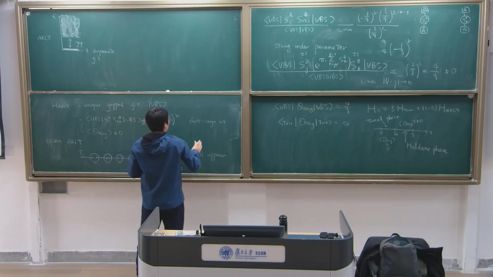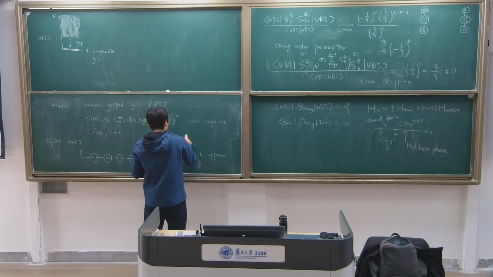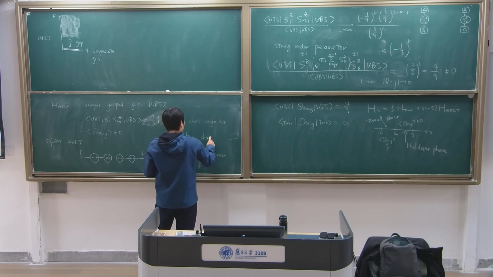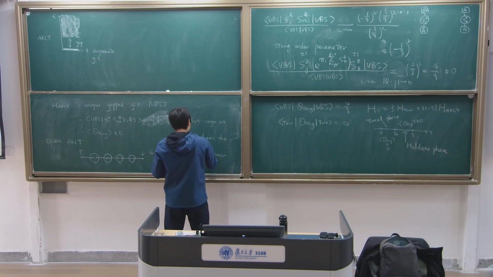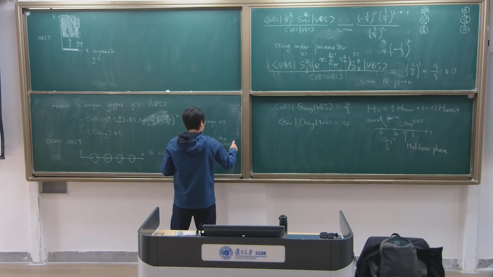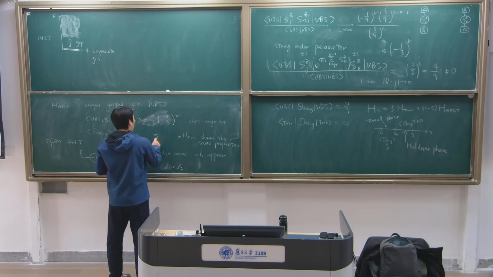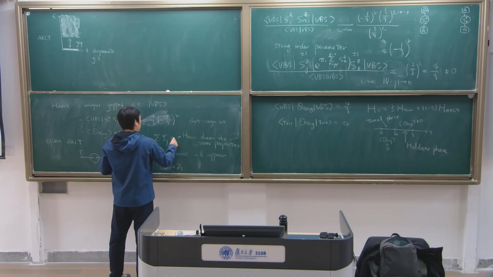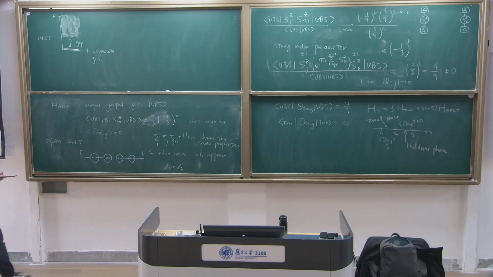In fact, I need to mention that the short-range interaction Heisenberg spin chain shares the same phase. The Heisenberg Hamiltonian is just a sum of S_{j+1} dot S_j, like this.